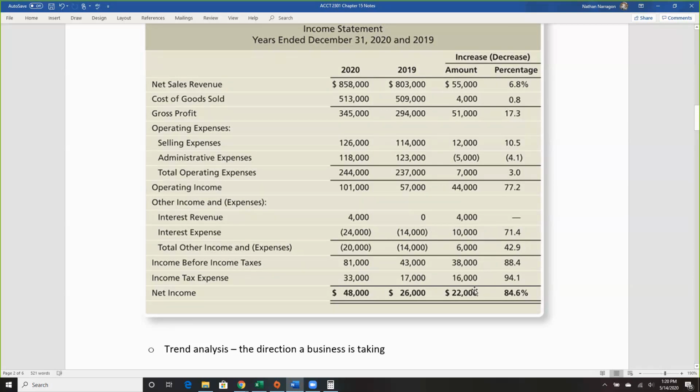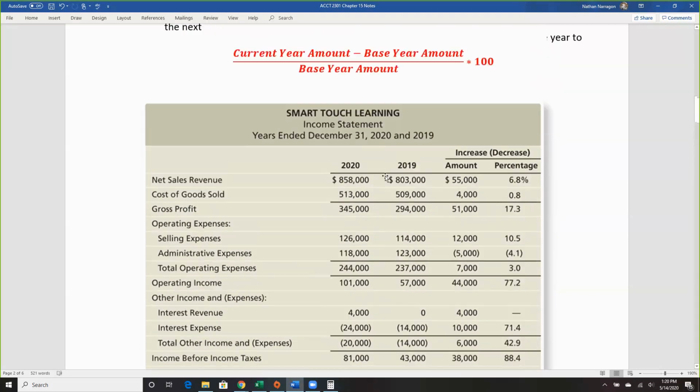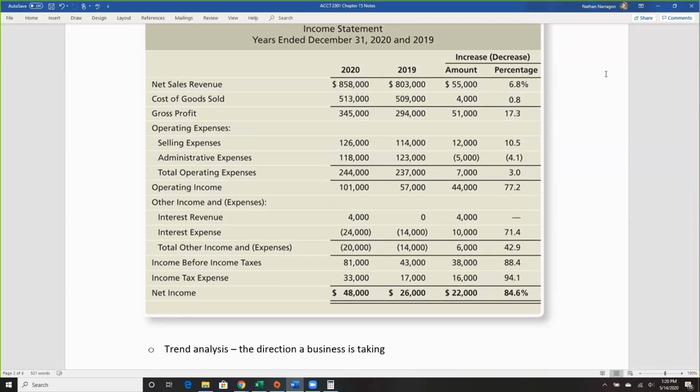And it's the bottom line. Look at that. So we basically increased from last year to this year 84.6% in net income, which is awesome. Most businesses don't do that. For this business, that's pretty good.